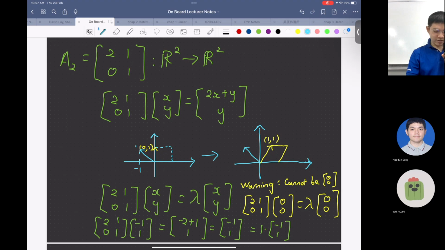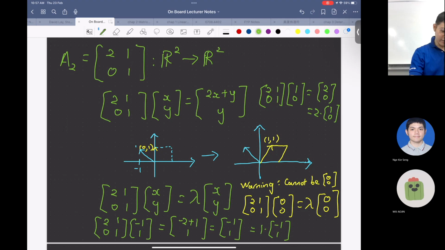Okay, so my original answer is 1, 0. What do you get? You get 2, 0. This is 2 times 1, 0. If you draw this one, this one stays the same, sorry, this is minus 1, 1.